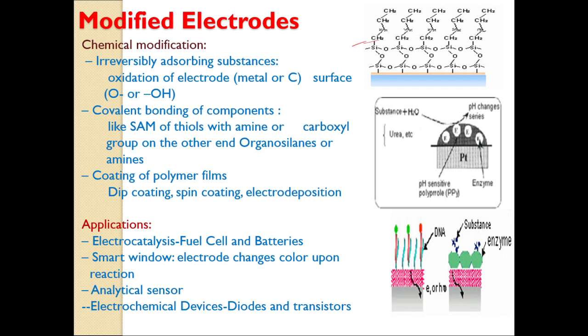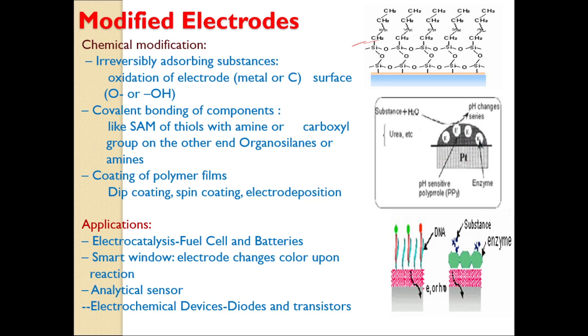So ionic and cationic groups are also present in polymers, so we can increase the selectivity by using the polymer coating. There are different methods of polymer coating: dip coating, spin coating, electrodeposition, and also covalent attachment.